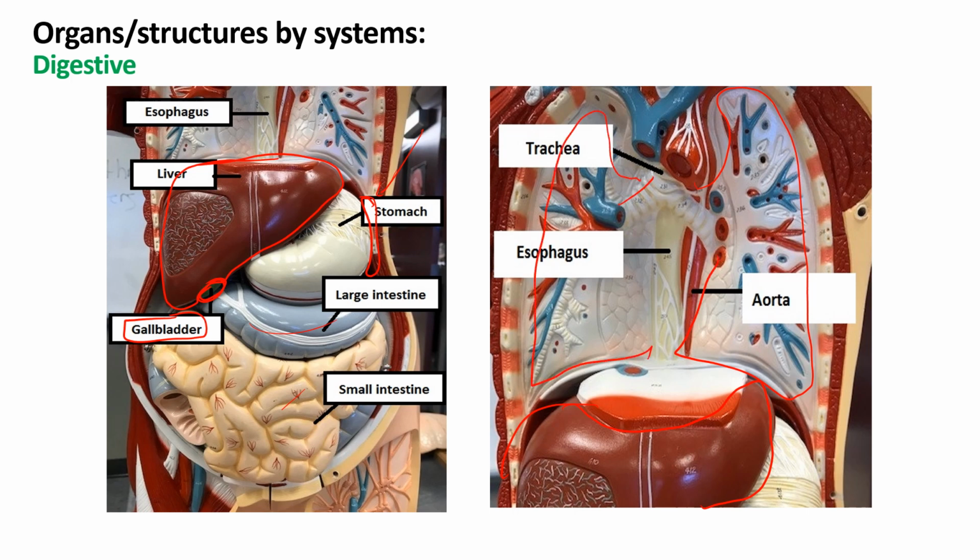Notice this ring-looking structure, that is the trachea, but in this case, this is the bronchi. So this is the primary bronchus, the left, and the primary bronchus, the right. The trachea will go up here. Now, behind the trachea, we have the esophagus, and then in red, we have the aorta.